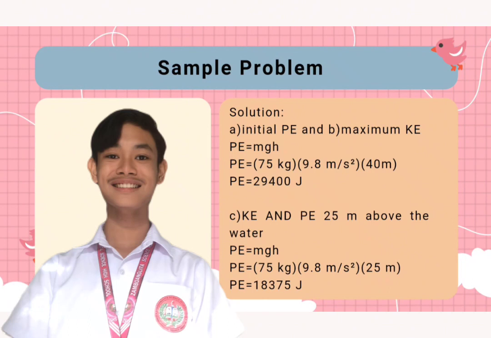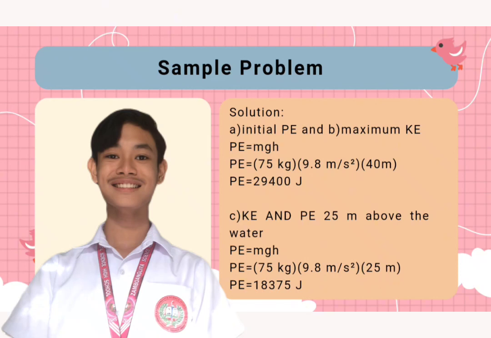So here is the solution. For letter A, initial potential energy, and for letter B, maximum kinetic energy. PE equals mgh. PE equals 75 kilograms times 9.8 meters per second squared times 40 meters. So PE is 29,400 joules.